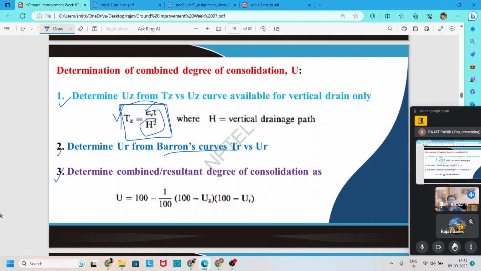One formula is used to find the combined degree of consolidation, which is equal to 100 minus 1 by 100 into (100 minus vertical degree of consolidation) into (100 minus radial degree of consolidation). By this formula, we can find the combined effect of the degree of consolidation.